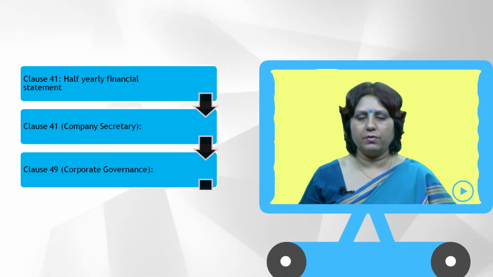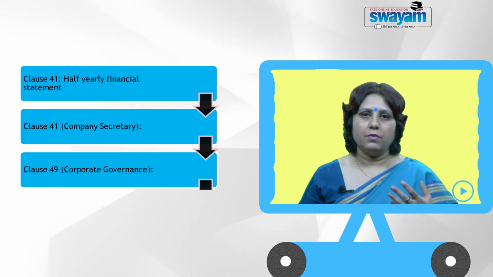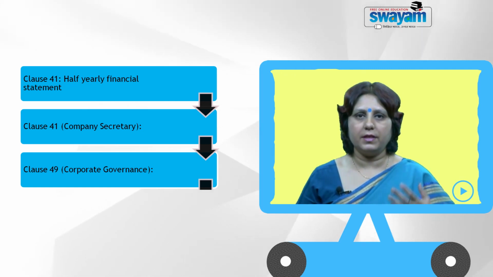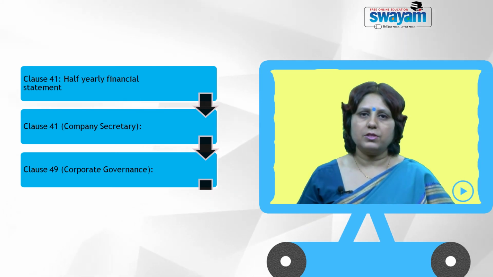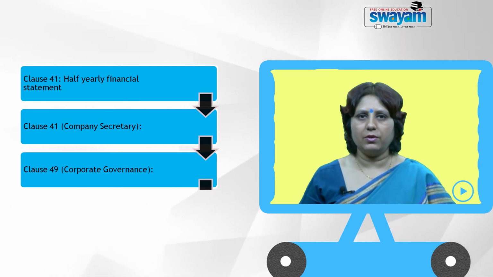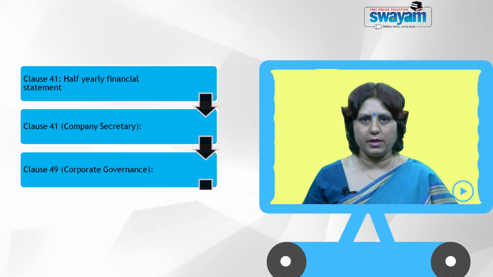The code of conduct has to be developed for the managerial personnel, and what is the internal control system, whether it is effective or not, all this information has to be given, and also an auditor's report has to be taken on the compliance of the corporate governance norms. So this has to be filed with the stock exchange.